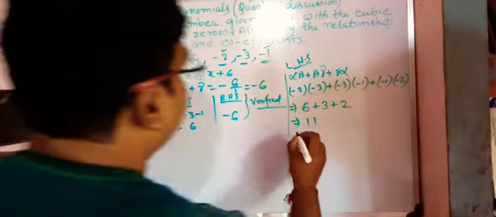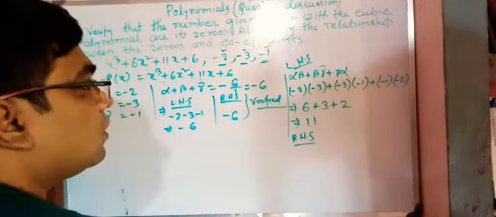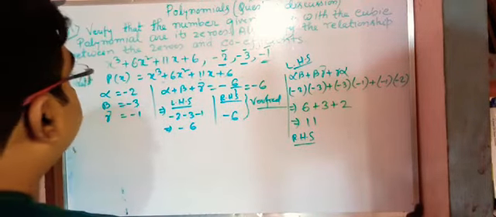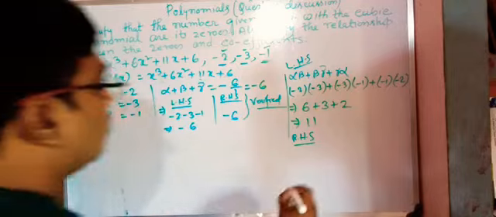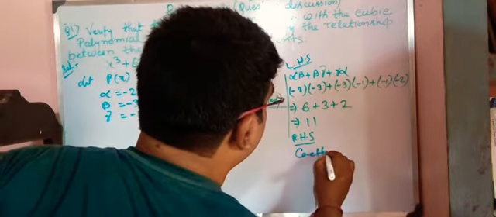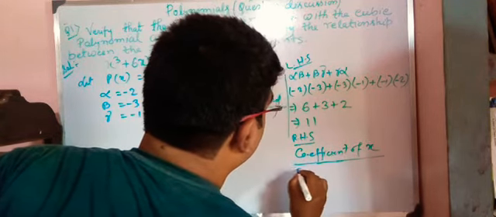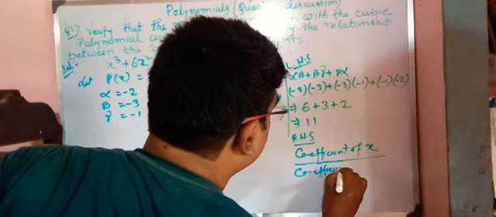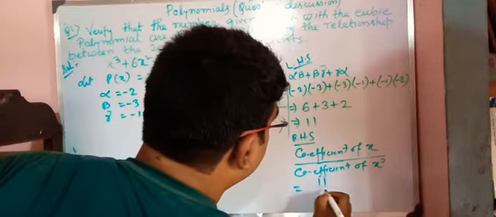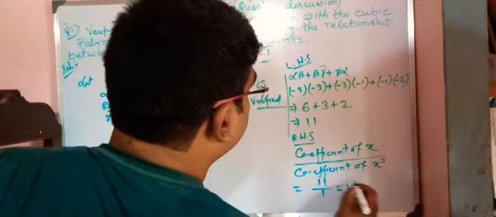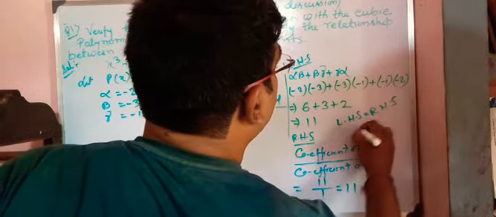And RHS, that is the sum of the products of the roots taken two at a time, equals the coefficient of x divided by the coefficient of x cube. Now the coefficient of x is 11 divided by 1, that is 11. So LHS is equal to RHS, verified.